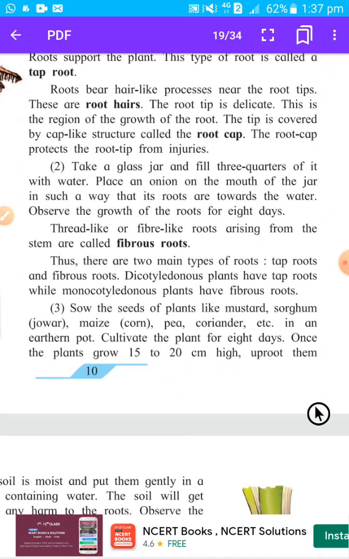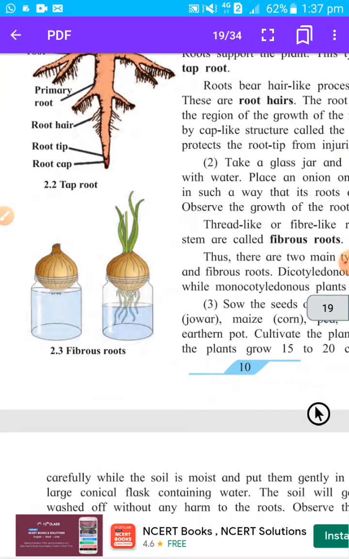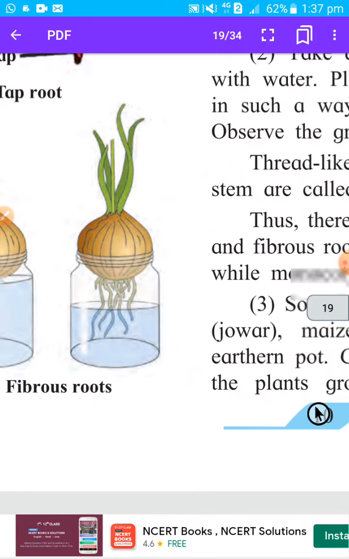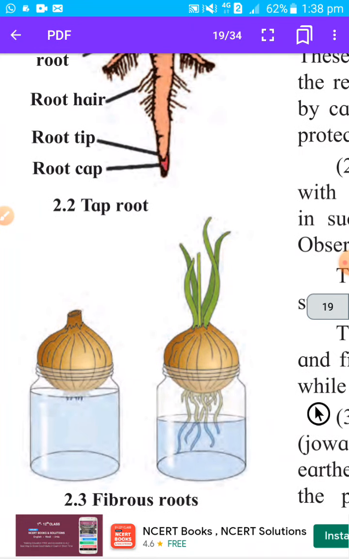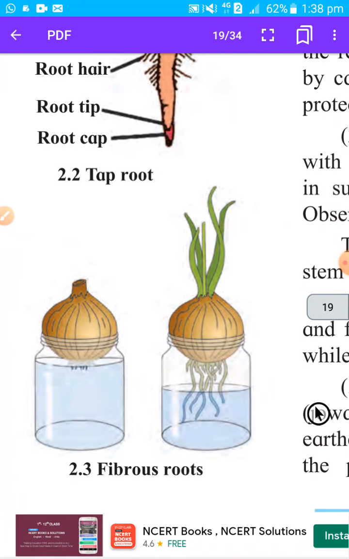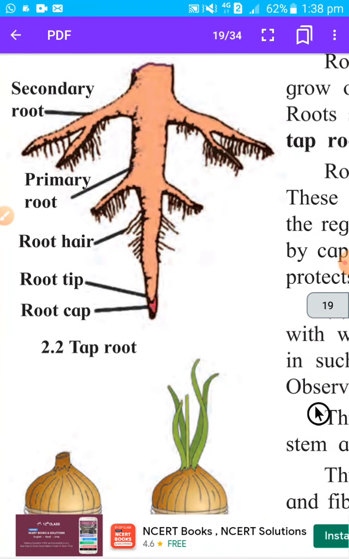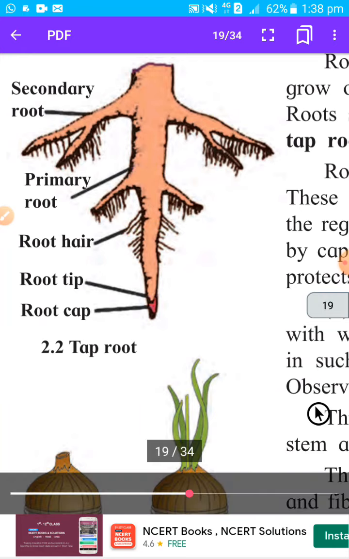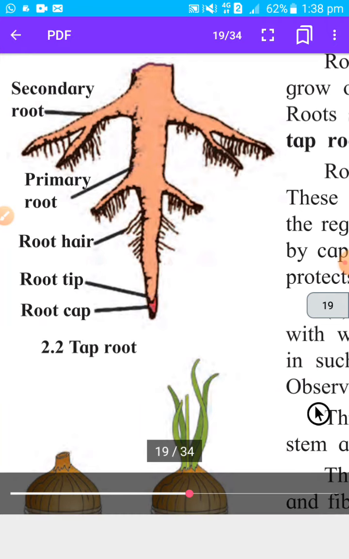Thread-like or fiber-like roots arising from the stem are called fibrous roots. You can see here the roots are like a thread or like a fiber, dhaga. Such type of roots are called fibrous root. Understood? So two types of roots are there, taproot and fibrous root. In a taproot, there is one main root called the primary root which grows deep in the ground, and then there is development of secondary roots.